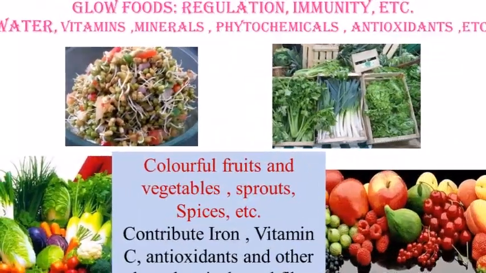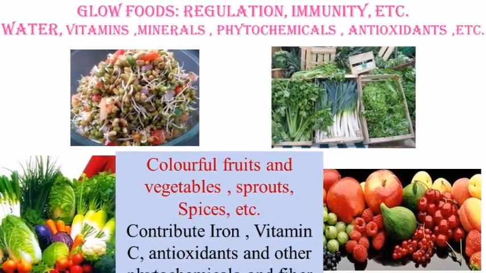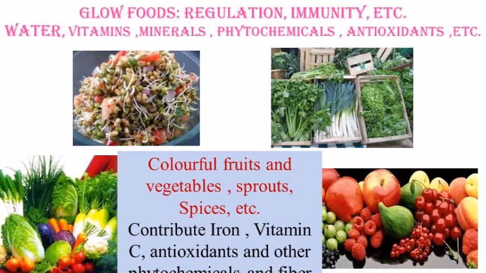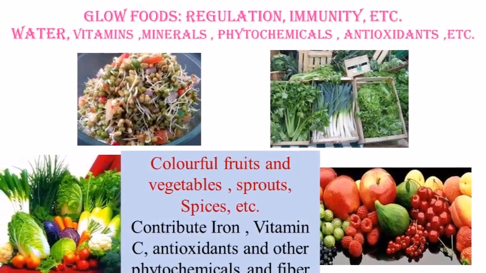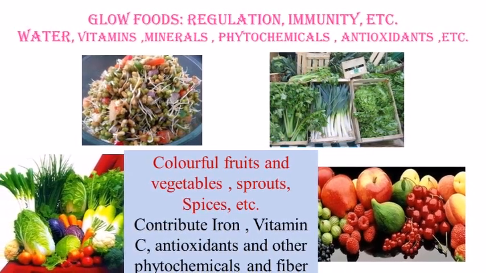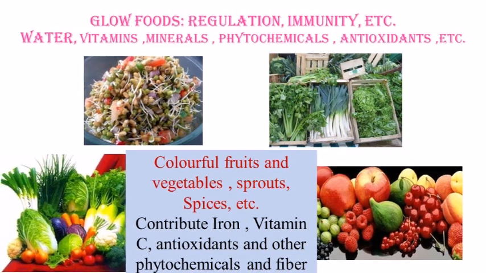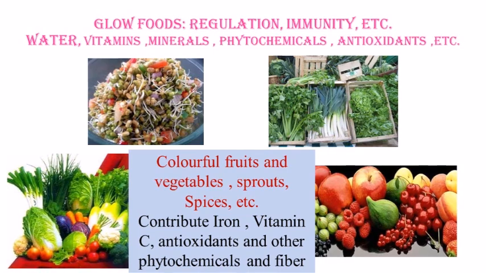Glow foods, this mainly includes the foods which are rich in micronutrients, iron, vitamin C, antioxidants, and other phytochemicals, and which are also claimed to have anti-cancer activity. They also provide fiber. This group mainly includes colorful fruits, vegetables, and sprouts.